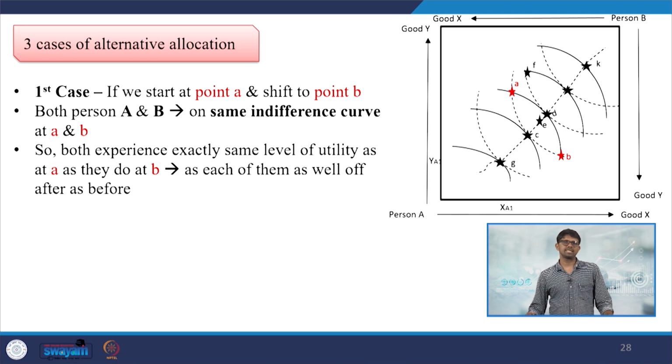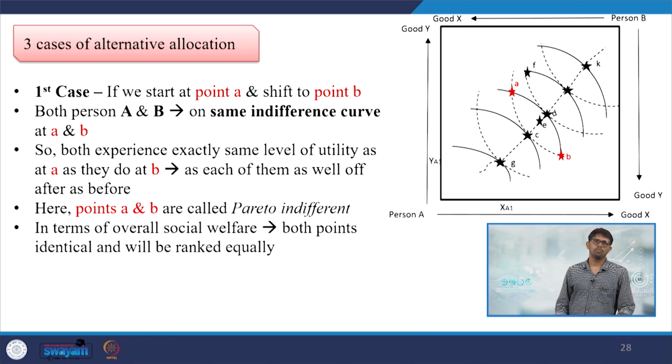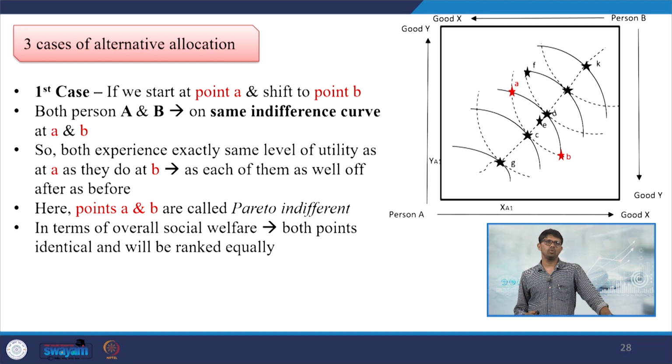So, both experience exactly the same level of utility at A as they do at B, each of them as well off as before. Now, points A and B are called Pareto indifferent. In terms of overall social welfare, both points are identical and will be ranked equally.